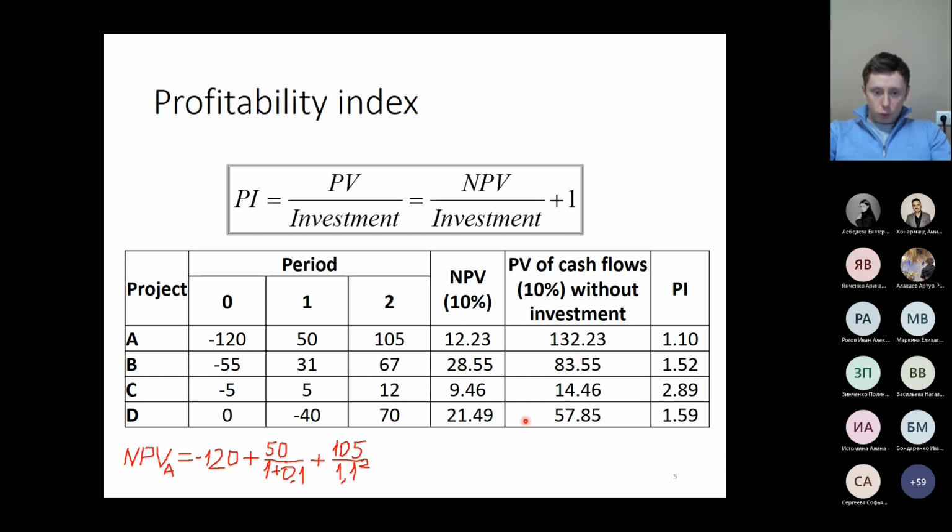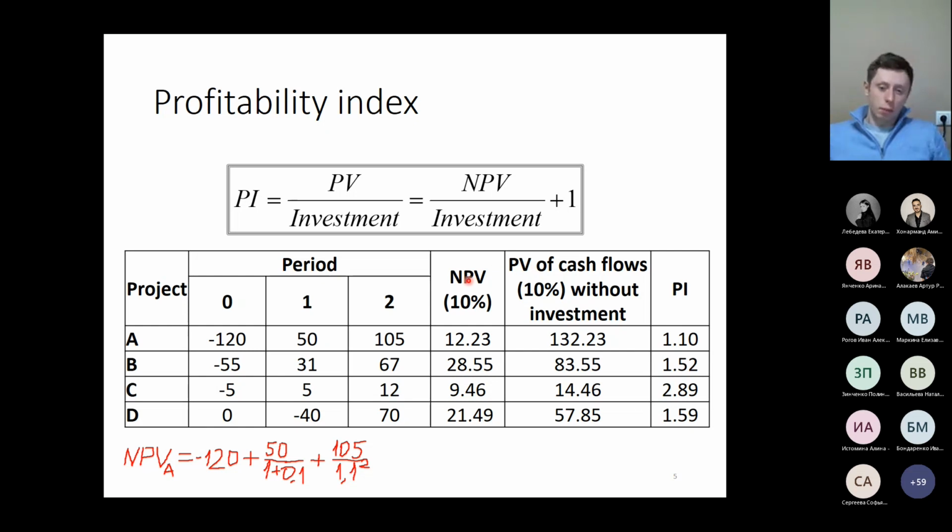Here you see two alternatives for how we can estimate. NPV is the one where we consider investment, and present value in this case is the one where we have only incoming cash flows. Sometimes in practice, people call present value of all cash flows, including investment, so you shouldn't focus on this term.